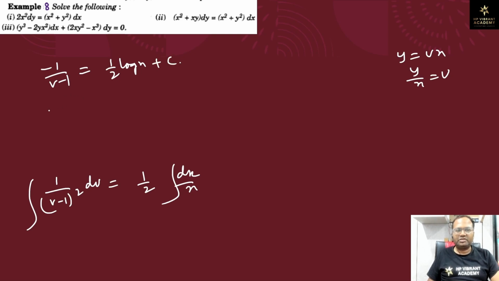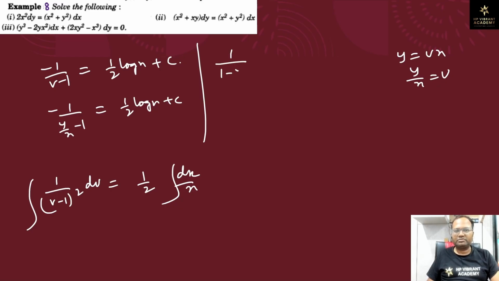So this is minus of 1 upon y upon x minus 1 is equal to half of log x plus c. So from here, see, 1 upon 1 minus y upon x is equal to half of log x plus c. So this is x upon x minus y is equal to half of log x plus c.